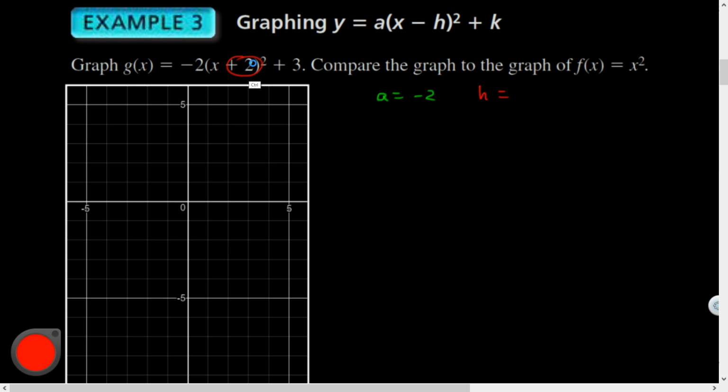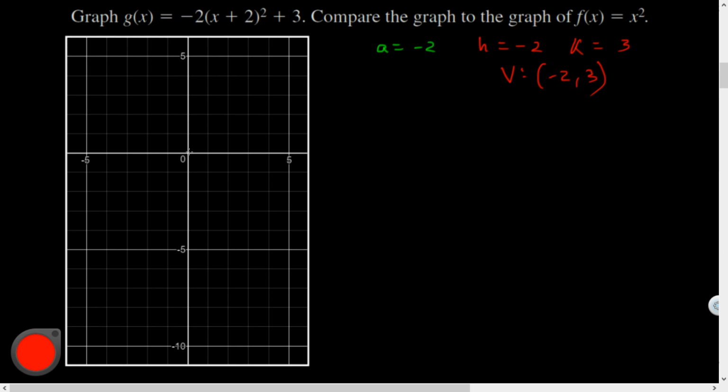It's going to be the opposite of that. And Brandon, just to give you the redemption, what do you think the K is going to be? That one keeps the sign, right? That one's a match. So that's a +3. So my vertex, if I combine that information, is going to be at -2, 3.